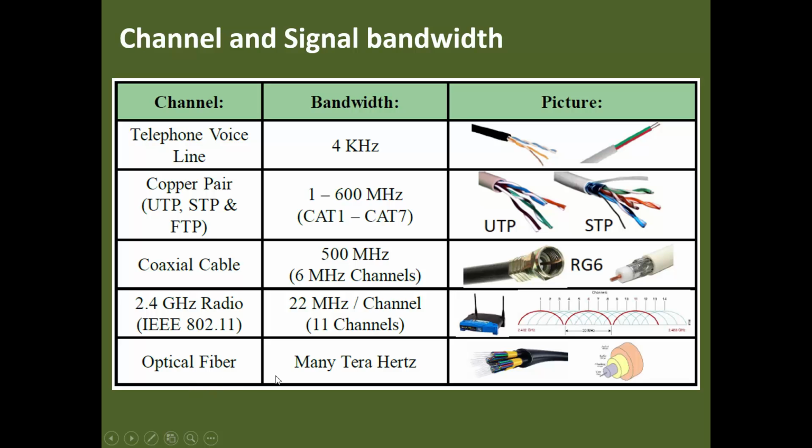And optical fiber as a channel offers a great amount of bandwidth, in terahertz, so we can club many signals in this terahertz bandwidth offered by the channel. I hope things are pretty clear with channel bandwidth and signal bandwidth. These are two different terms. We should not confuse these two terms with each other.